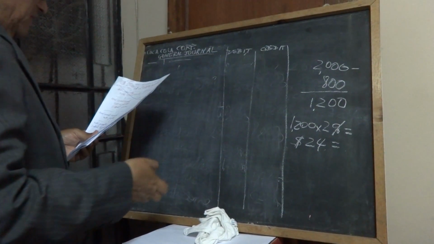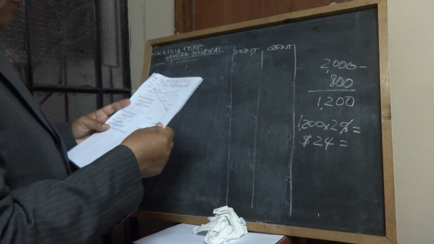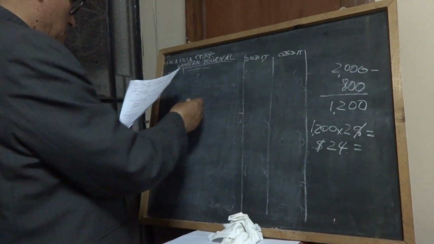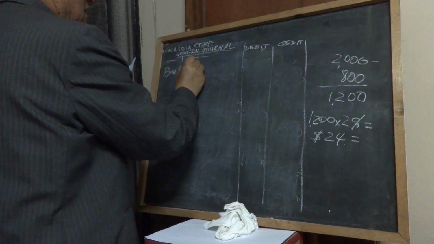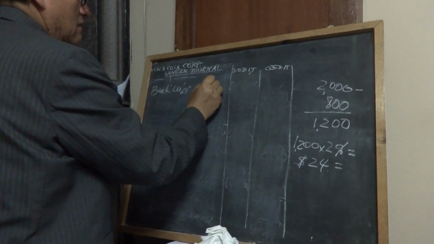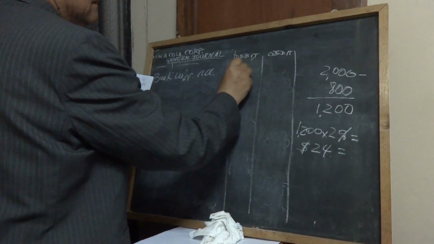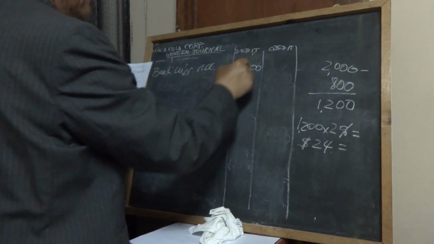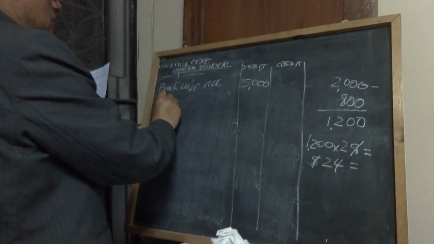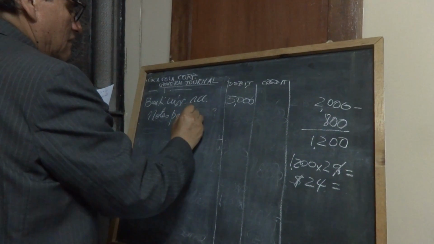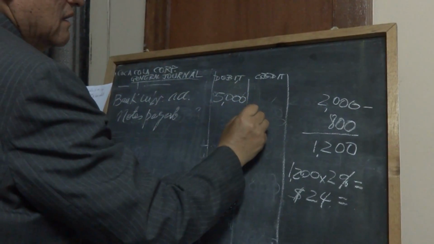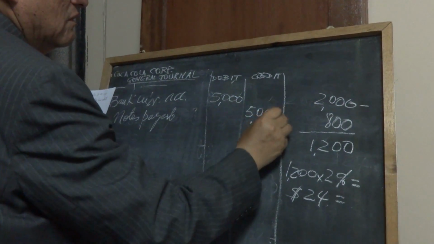The entry in the journal will be bank current account for $5,000 on debit, and notes payable for $5,000 on column credit.